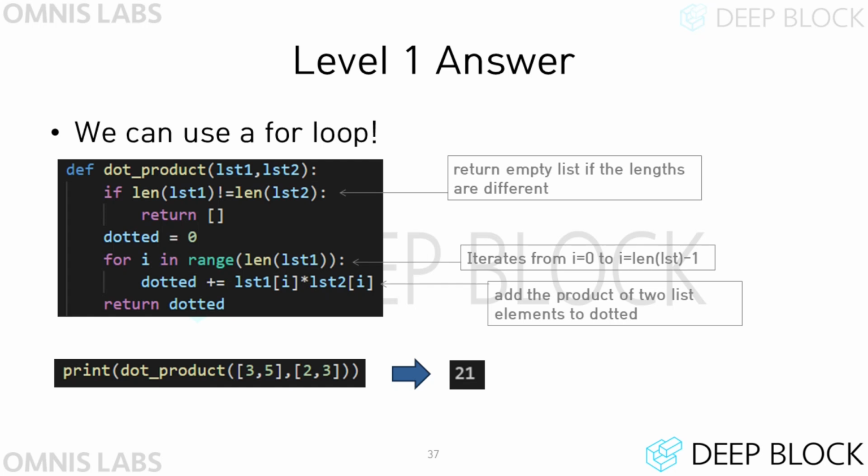At each iteration, we add the product of each list element to the variable dotted. And when the loop ends, just return dotted. If you call this function with the two lists [3, 5] and [2, 3] as arguments, this function returns 21, which is the dot product.